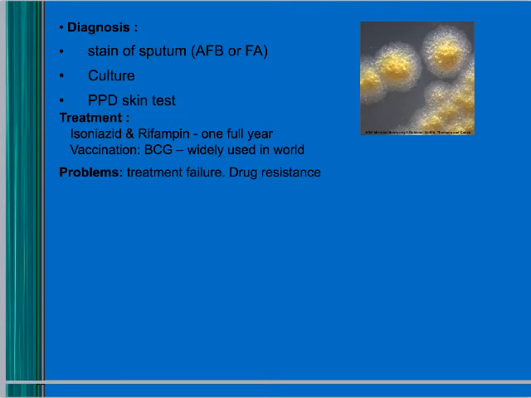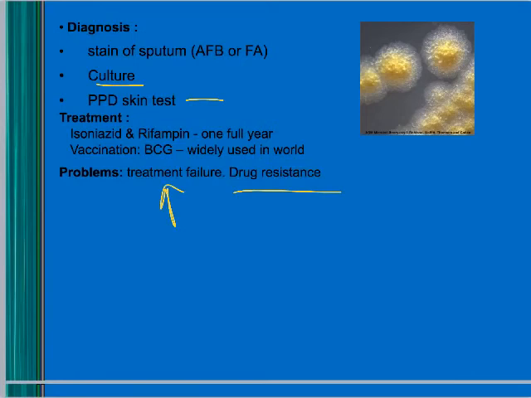To diagnose it, they'll try to do an antibody stain of the sputum. They can try to culture it, and then they can do the PPD test. For treatment, because it's one of these acid-fasts, it's harder to kill. There's actually a lot of drug resistance to it because there's a lot of treatment failure.